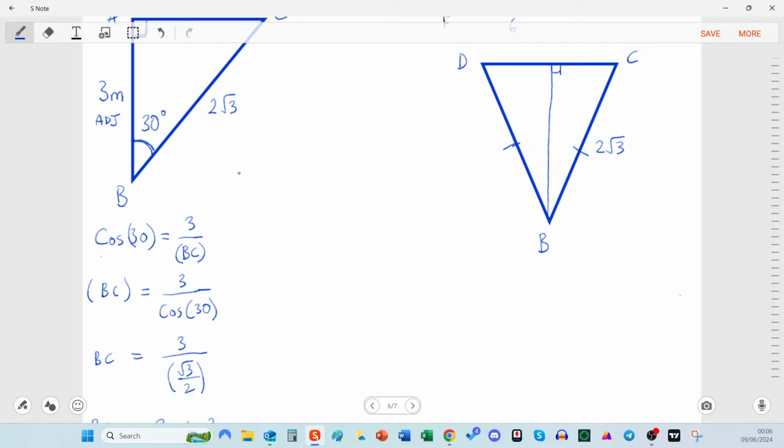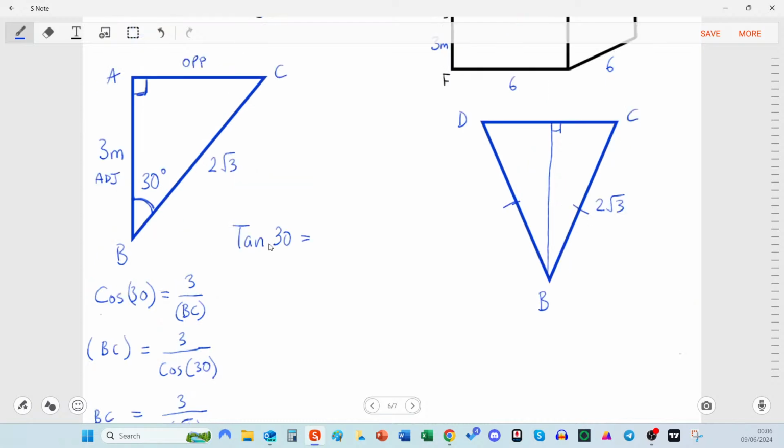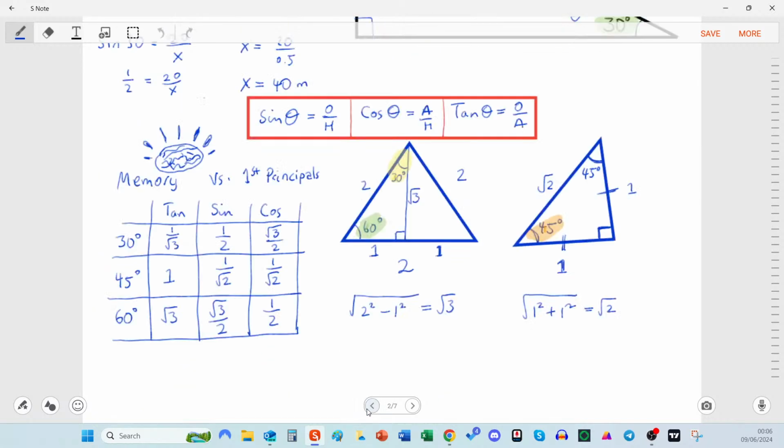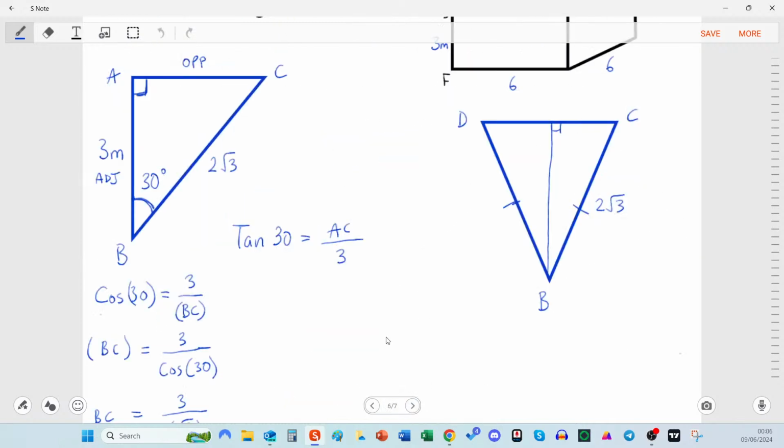So tan of 30 is equal to opposite, which is AC, all over the adjacent, which is 3. We go back to our exact table. Tan of 30 is 1 over root 3. Within 1 over root 3, just like that. There we go.